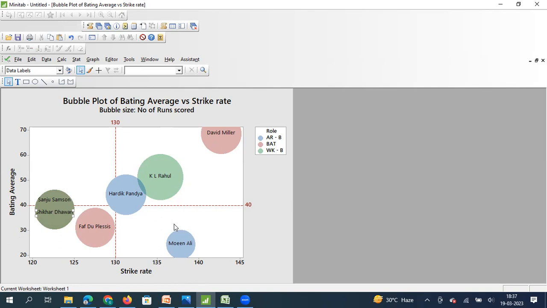So friends, with this bubble chart, I have taken cricket as an example, but you can use this plot or graph to evaluate items which can be evaluated from multiple dimensions. Here, as of now, I have considered 4 dimensions: batting average, strike rate, number of runs scored, and the role in the team. The role in the team is categorical nominal data, and the other data, that is batting average, strike rate, and number of runs, can be continuous data or discrete count data.